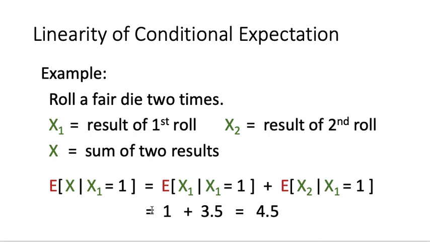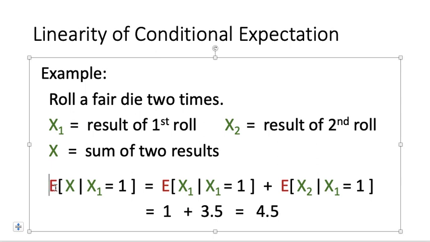Okay, so let's take a look at an example. This is actually the same example as before. Let me recall it. We are going to roll a fair die 2 times. We let X1 be the result of the first roll, and for simplicity, we also define X2 to be the result of the second roll. Again, X is the sum of the two results. We want to find out the expected value of X given that X1 is equal to 1.